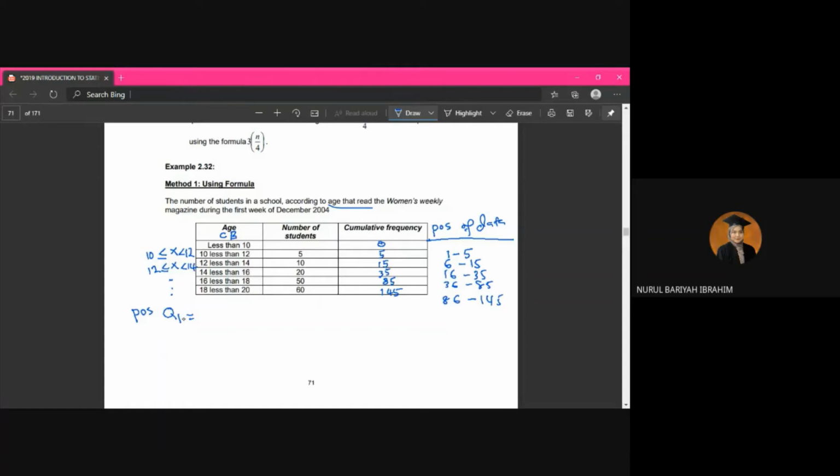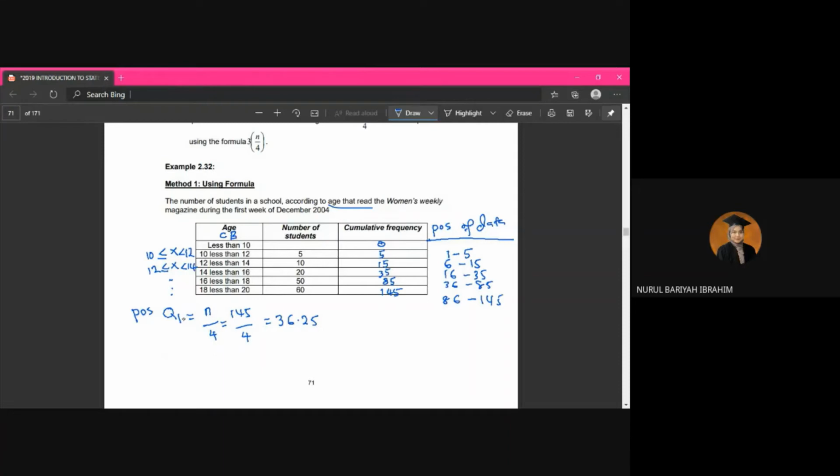Okay, the position of Q1 will be n divided by 4, which will be 145 divided by 4. It is 36.25. Okay, 36.25. So which row contains 36.25? Okay, let's say here.